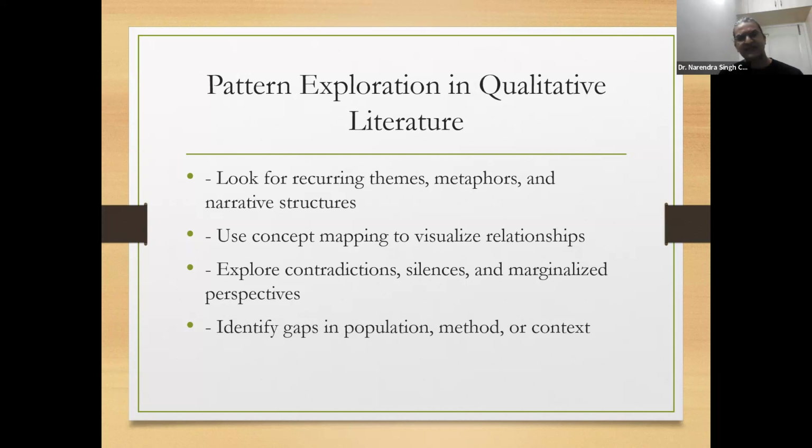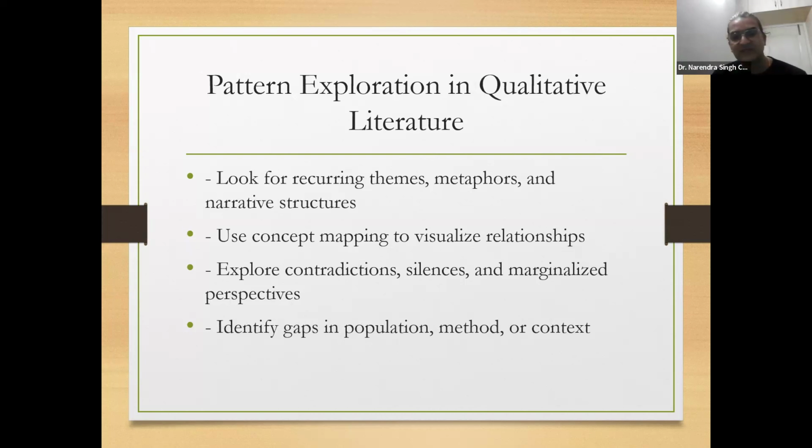When you go through them, you can see how it has evolved over time. You can look for many recurring themes, metaphors and narrative structures, and somewhere the literature tells you a kind of story, right? So we can use that concept for mapping and to visualize the relationships.